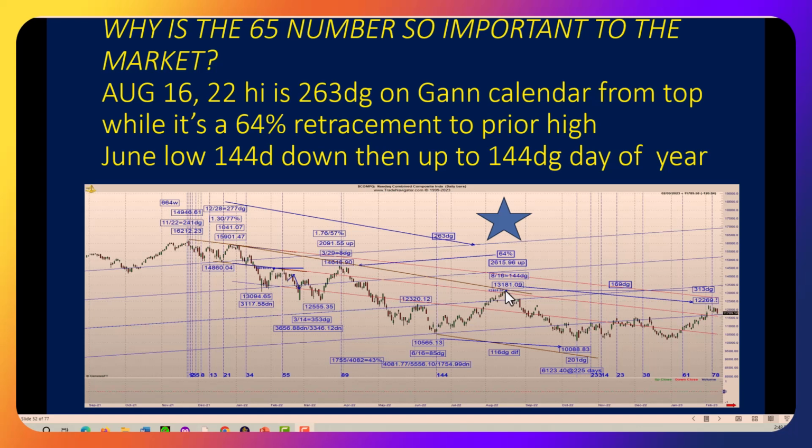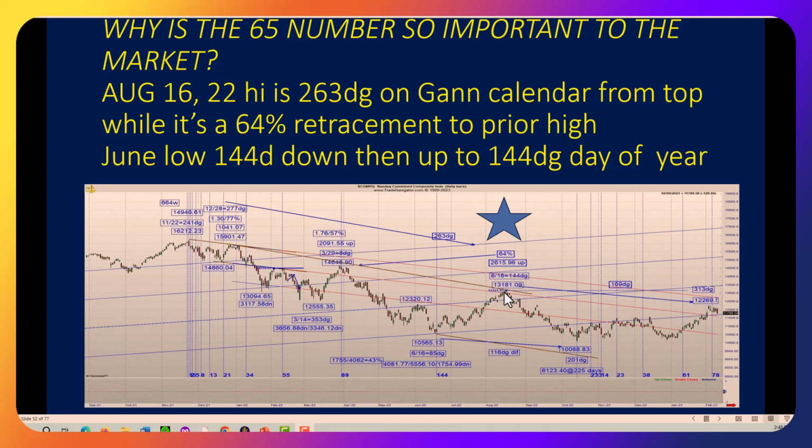You might remember August 16th, 2022. August 16th was the 144 DG vibrational day of the year. It's right here, okay? And so what does that mean? First, we had, let's just say with the margin of error, 143, 144 days down. Stops going up on the 144 DG vibrational day of the year. Folks, that's not a coincidence.